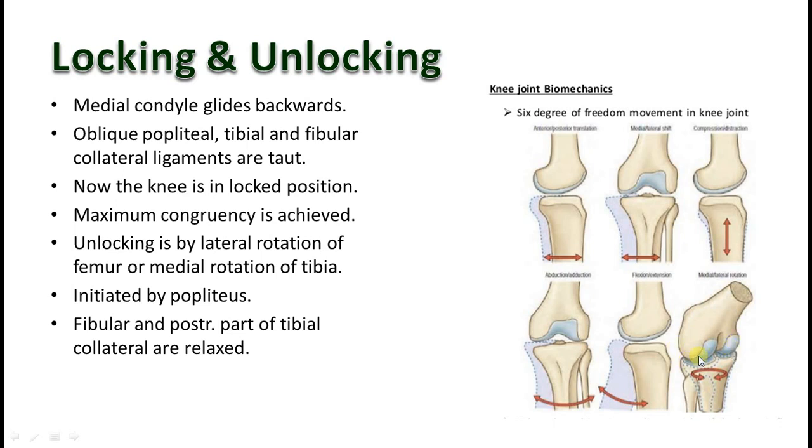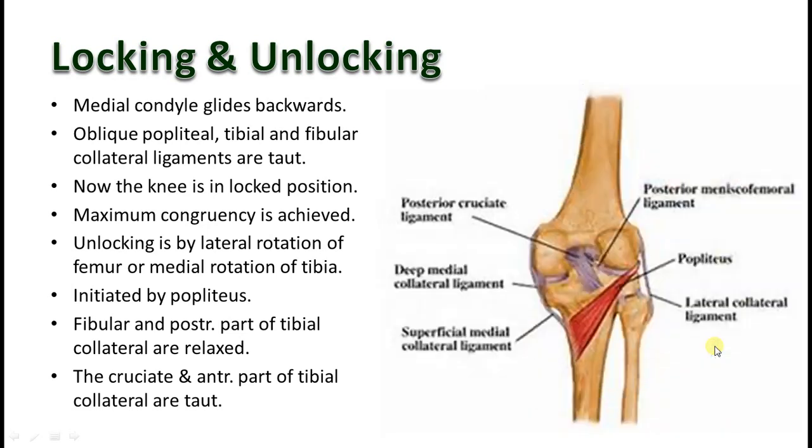Now the side ligaments, that is the fibular and the tibial collateral ligaments, are relaxed. Okay, so the cruciate and the anterior part of tibial collateral ligament are taut or tight at this time. So you are able to see this tendon of popliteus, when it contracts, it will pull the lateral condyle backwards.